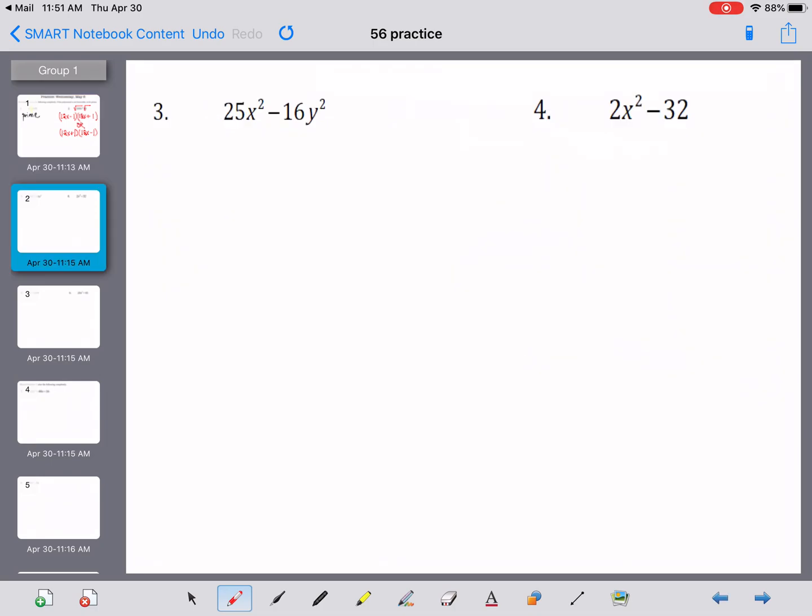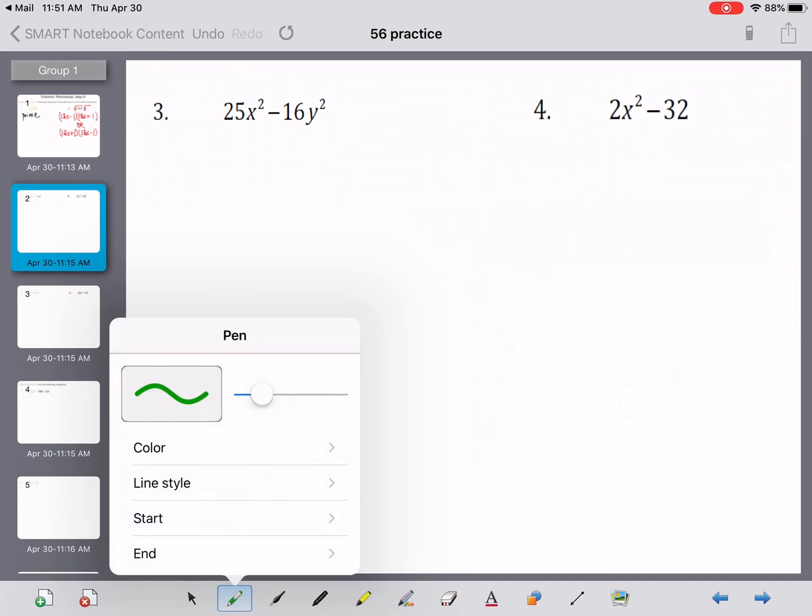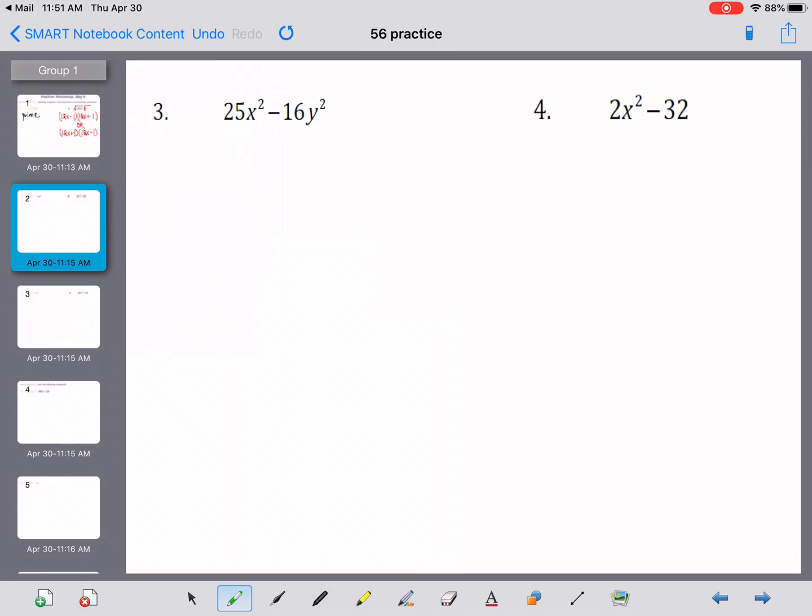Problem number 3. We have a minus sign in both, and we can take the square root of 25. We can take the square root of 16, so we're good on that front. What's different on this one is we have a variable in both terms, but it's okay because we're going to start with our two parentheses, and then the square root of 25 is 5.